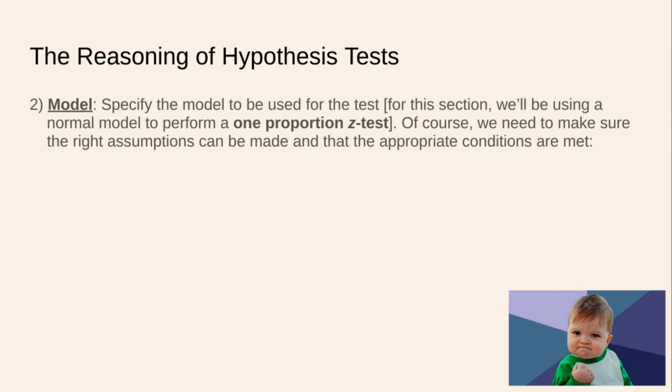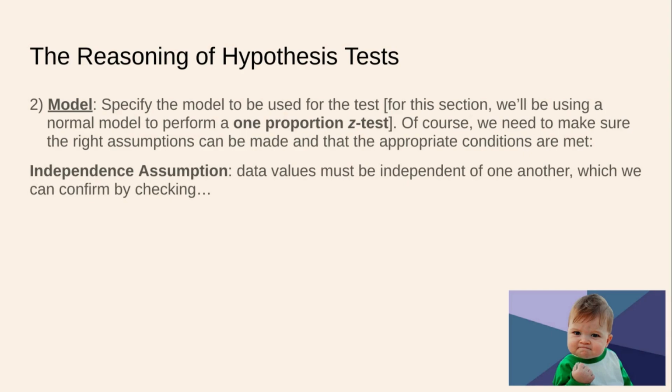Of course, we need to make sure the right assumptions can be made and that the appropriate conditions are met. I warned you about this. Every time we do just about anything for the rest of the year, we need to check conditions. So there is an assumption of independence we need to make. Data values must be independent of one another. How can we confirm this? Here comes the important part, the conditions.